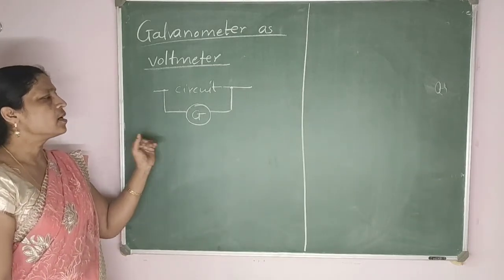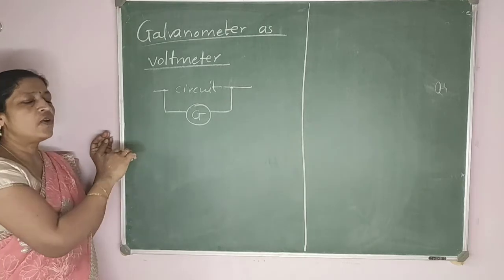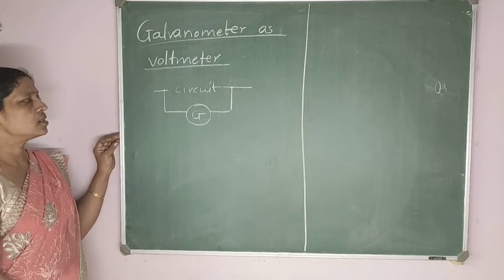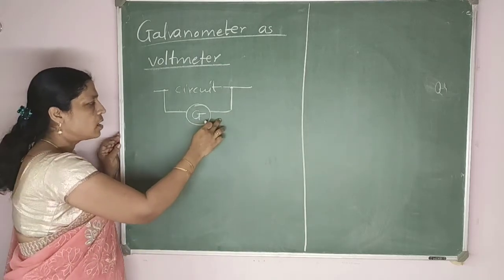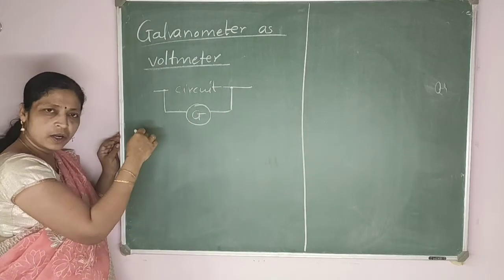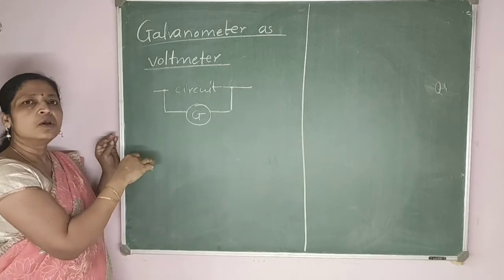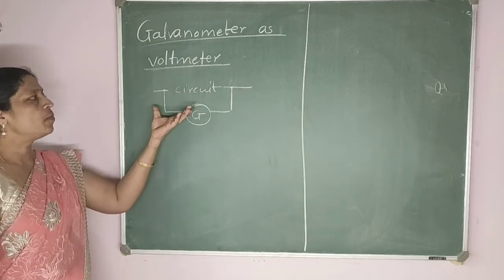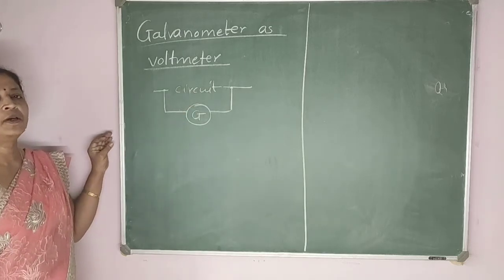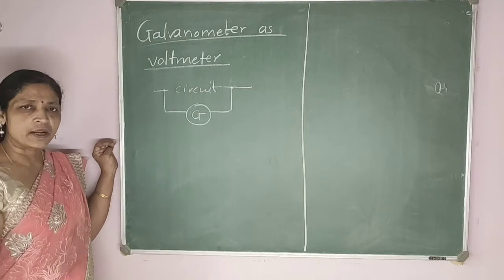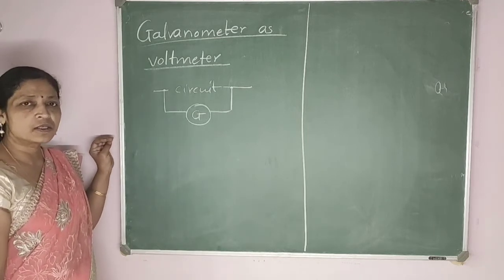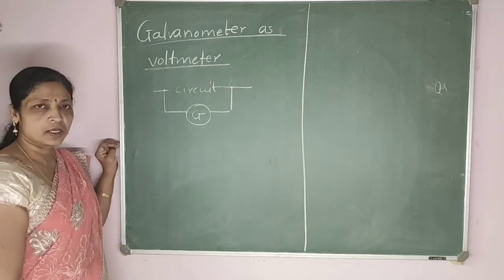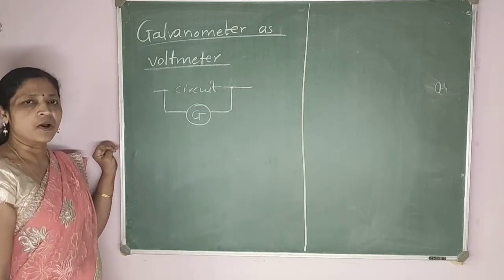The reason is that the galvanometer has very high resistance and it is connected in parallel, so it will draw current through it, and the potential difference measurement between the two points will not be correct. According to the standard, the measuring device should not create a disturbance of more than 1%. It should always be less than 1%.